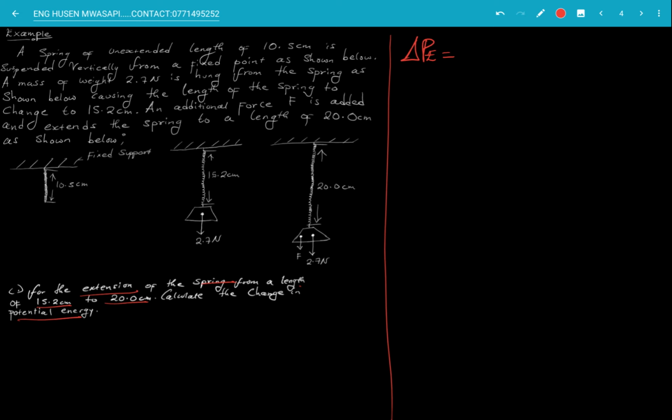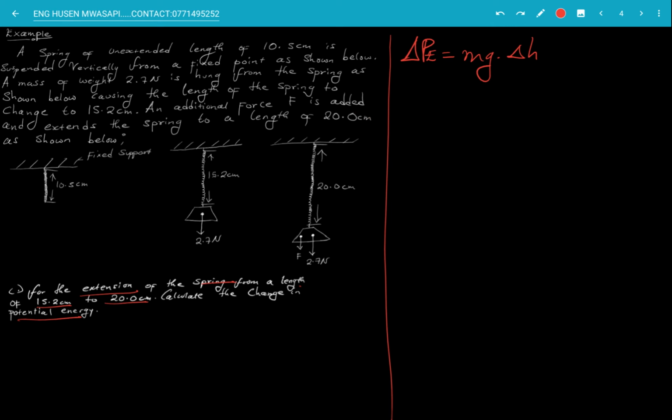So change in potential energy will simply be mg times the change in what? Height. Because we're looking for the change in potential energy of the mass. So what will only change are the final lengths.